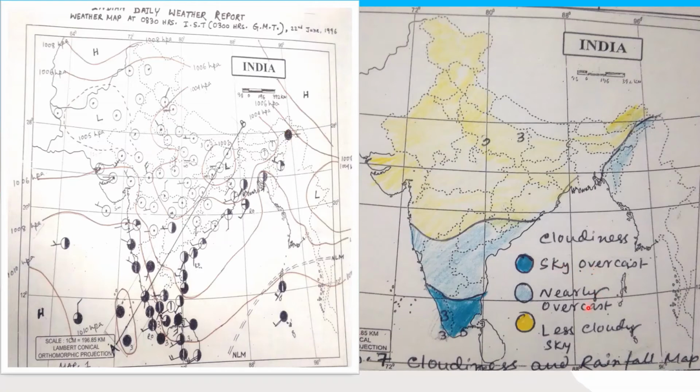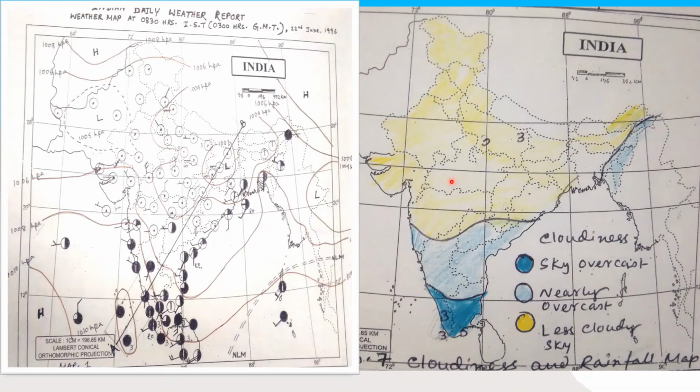Nearly overcast sky has also been observed in South Indian states, particularly Karnataka, Goa, Andhra Pradesh, Odisha, South Bengal and parts of Nagaland. These are the nearly overcast areas. So this zone is prepared on the basis of eye estimation. And the last one is the less cloudy sky.